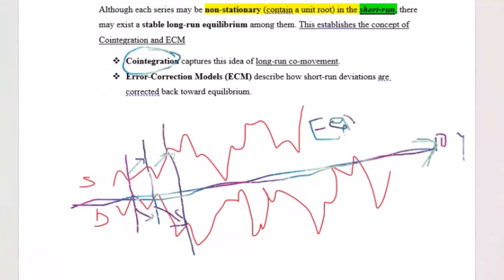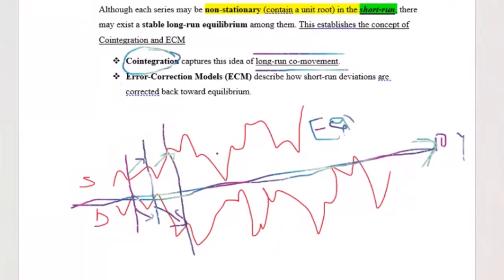That in the long run, the two or more data are moving together, have the same behavior. That is what we call cointegration. It says there is long run co-movement, a similar behavior in the long run.